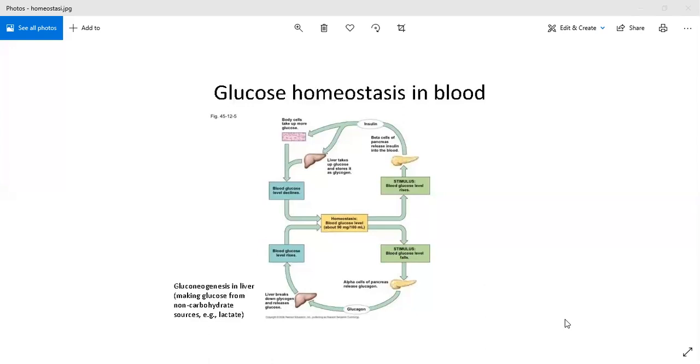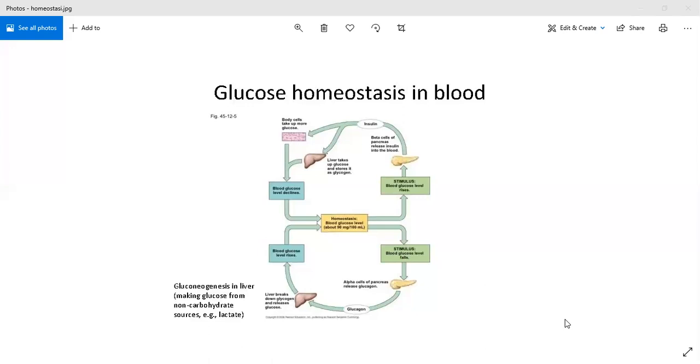Then when it falls below 80, you have what is called hypoglycemia. So what it simply means is that an increase in blood glucose is hyperglycemia, and a decrease in blood glucose is hypoglycemia.